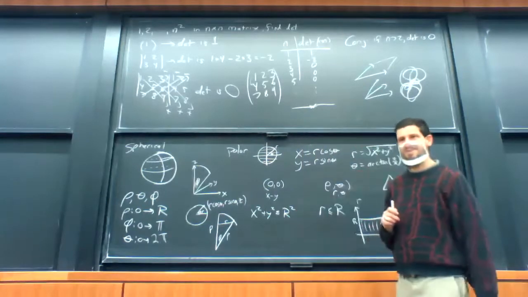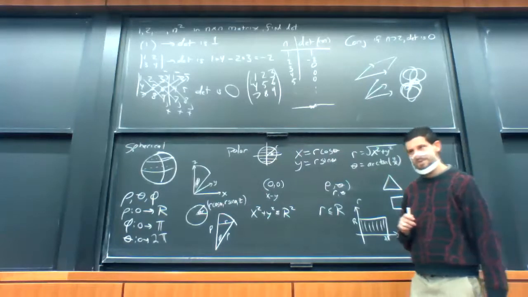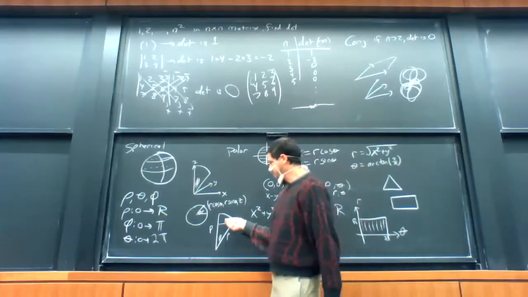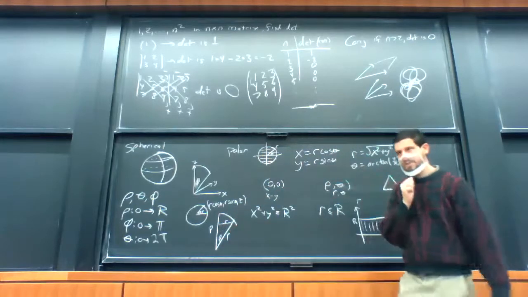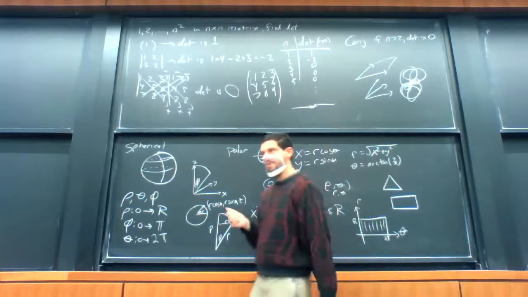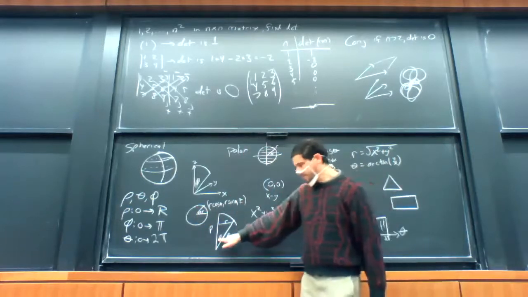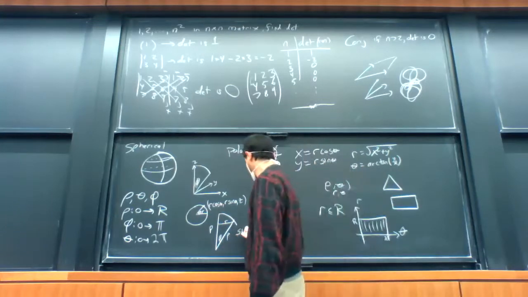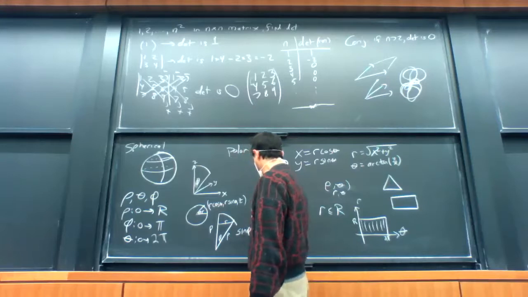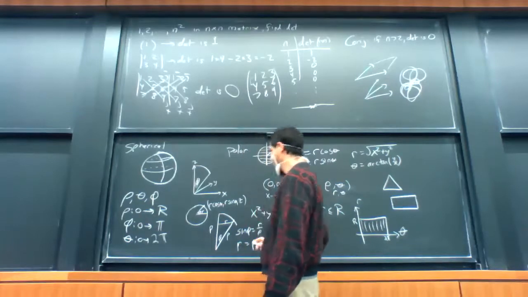That's familiar trig. Is this the adjacent side to the angle or the opposite side to the angle? Opposite. So do we use sine, do we use cosine? Sine. So the sine of phi is r over rho. So r is rho sine phi.